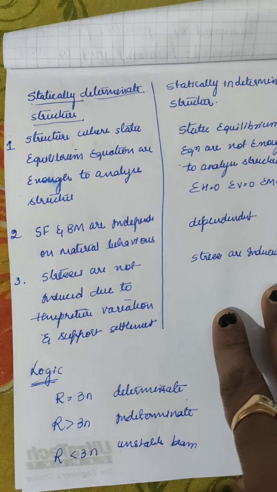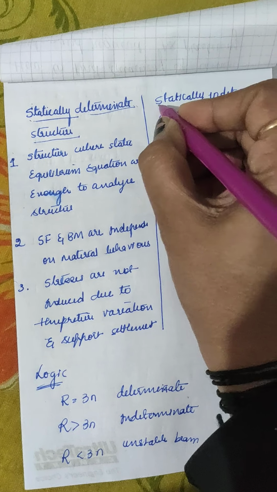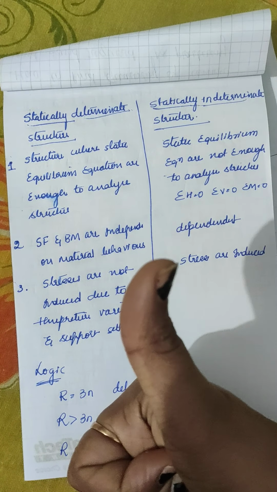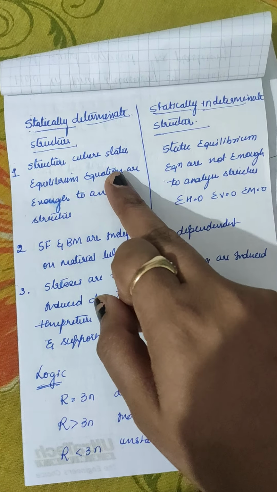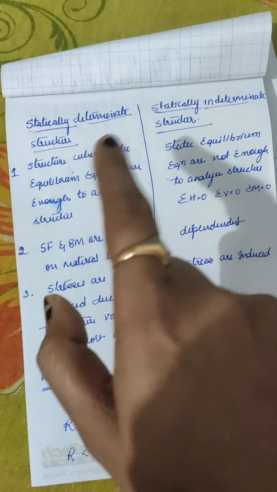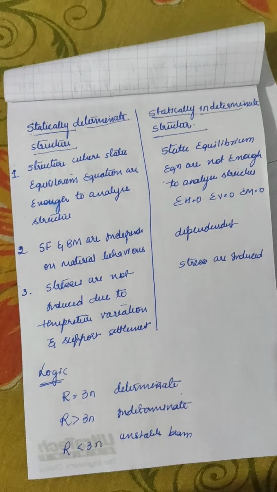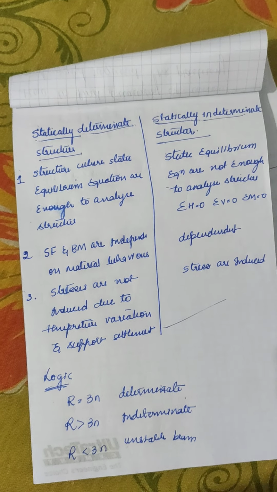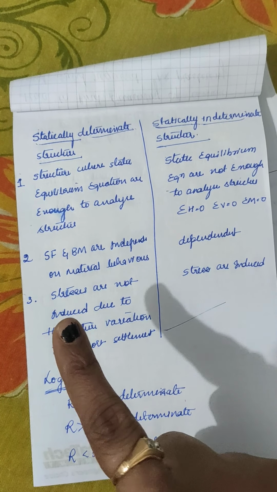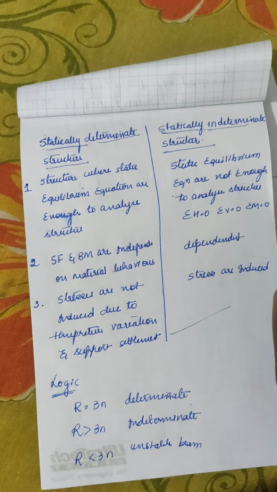Please make sure that whenever they ask the difference between these two, you can explain it well. The first point to remember is that the equilibrium equations should be enough to analyze the entire structure. One more thing: whenever we take a beam, we go for shear force and bending moment diagrams. In a statically determinate structure it is independent of the material behavior, but in the indeterminate case it is dependent.